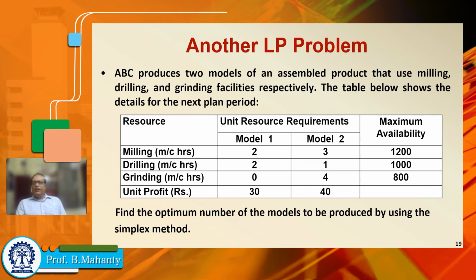So what happens in this particular LP problem? ABC produces two models of an assembled product that use milling, drilling and grinding facilities respectively. The table below shows the details for the next plan period. What are the resources?